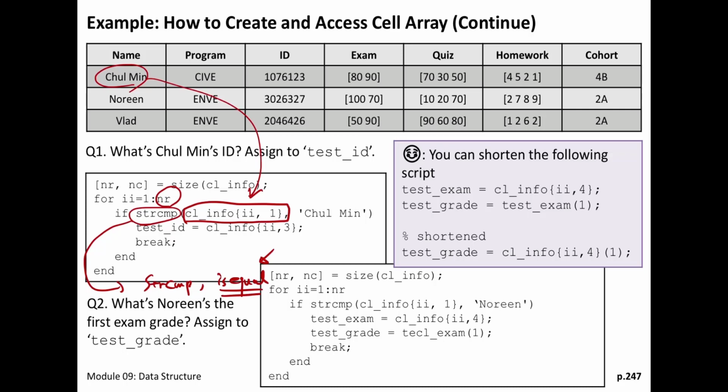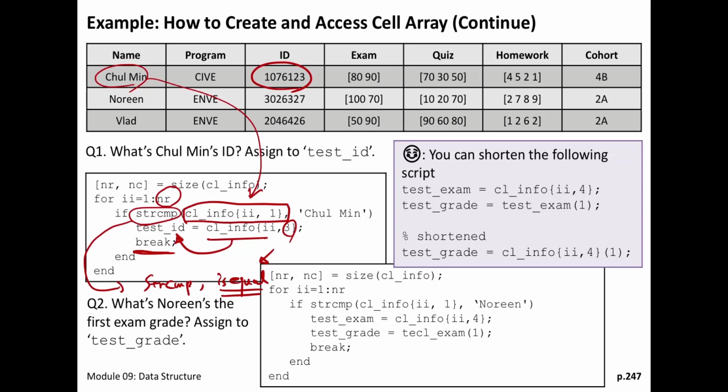So you can compare these two character vectors. If yes, you assign the ID that is in the third column to the test ID and then break. Do you understand this logic? Okay. Basically, once you find the row index of the Chalmers information, you find out the ID using this information in the third column. Okay?